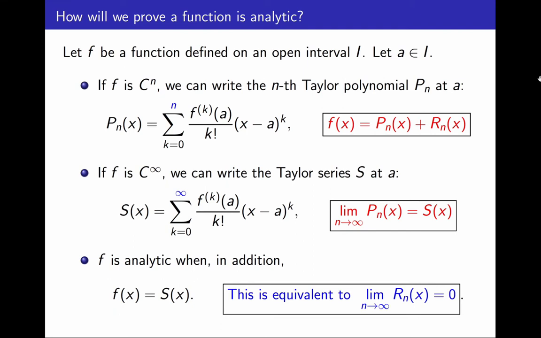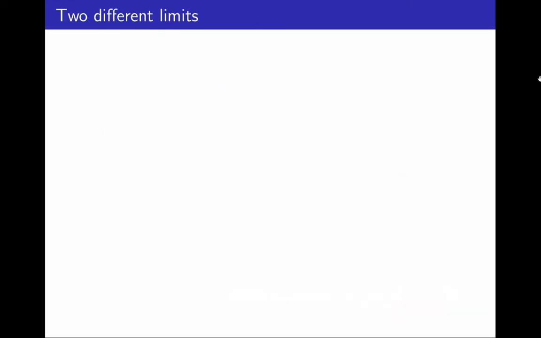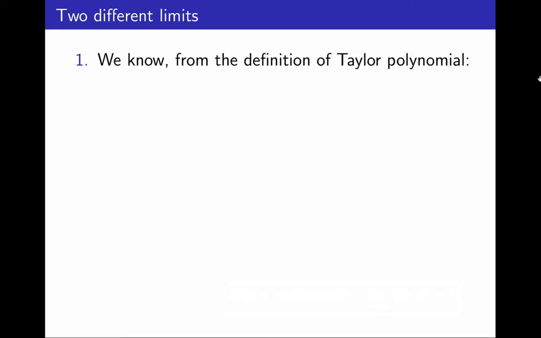You may be thinking, haven't we already established this? Don't we already know that the limit of the remainders is 0? Let's be careful. There are two important limits involving the remainders. What we knew from the very definition of Taylor polynomial is that if I fix n, the order of the Taylor polynomial, and then I make x approach a, then the error approaches 0, and it approaches 0 fast.